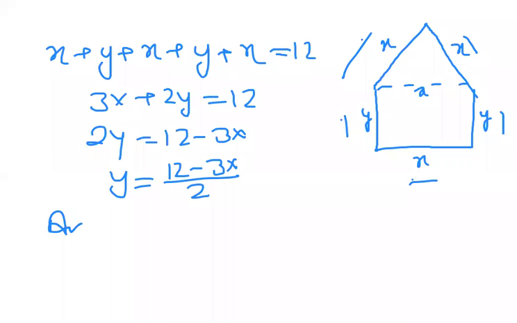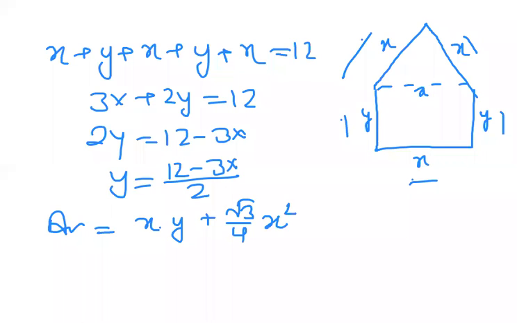Area must be largest. Area of this will be, for the rectangular part, x into y, and for the triangular part, area of equilateral triangle is √3 by 4 into side square, side is x square.